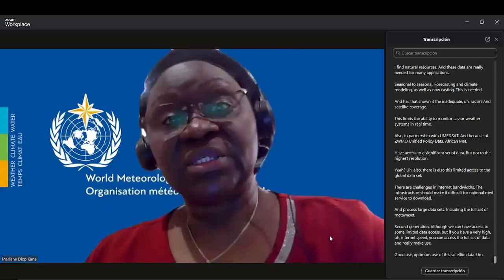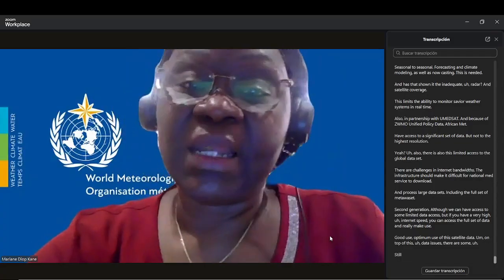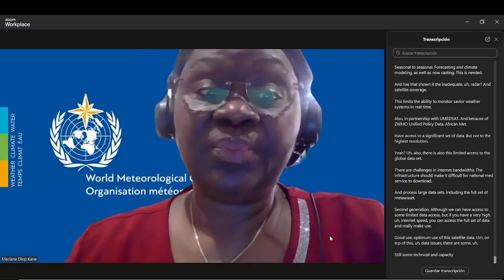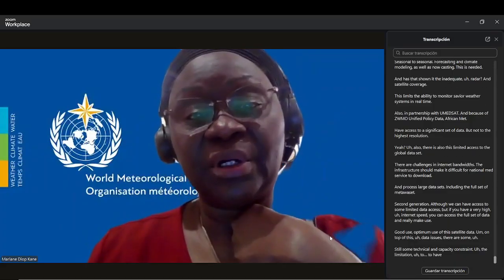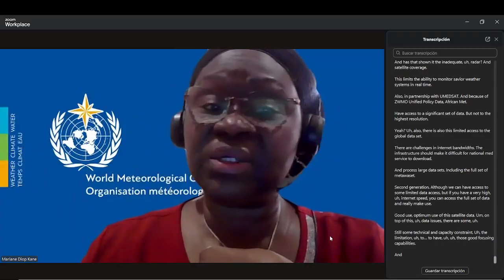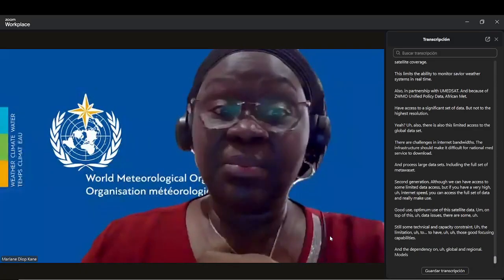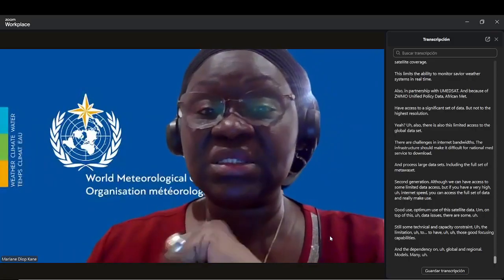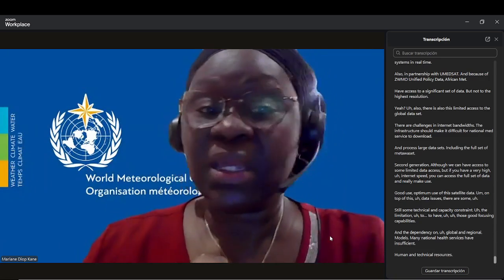On top of these data issues, there are still some technical and capacity constraints. The limitation to have good forecasting capabilities and the dependency on global and regional models. Many National Met Services have insufficient human and technical resources.